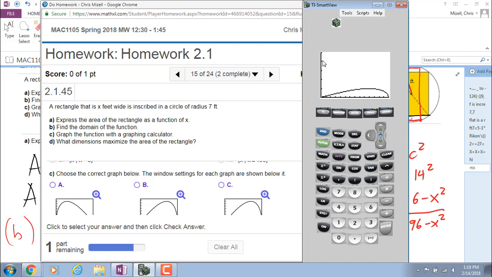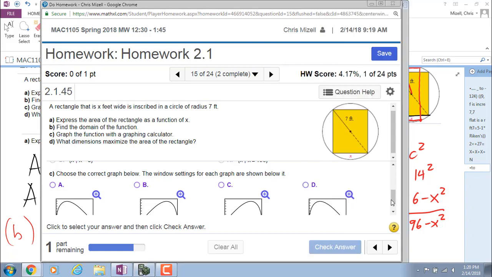So if that's 100, 200, 300, 400, 500, a Y max of 200 might be more appropriate. Let's see, no, not Y scale. Y max of 200. And reconsider the graph. So which one does it look like?